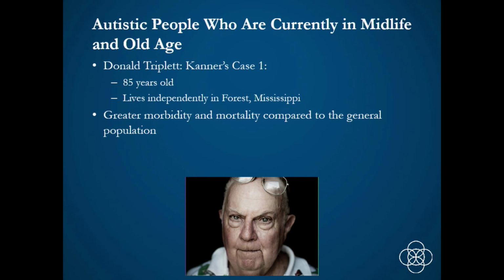And that's specific to the current generation of middle-aged and older adults, not necessarily the current generation where diagnostic services and treatments have increased over the lifespan, and they may have a different experience with supports throughout life.